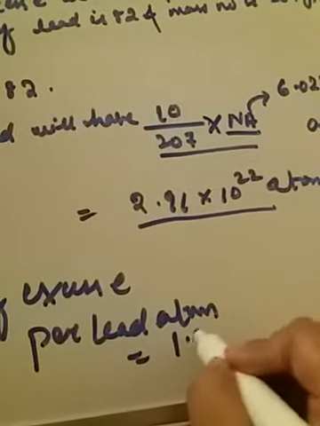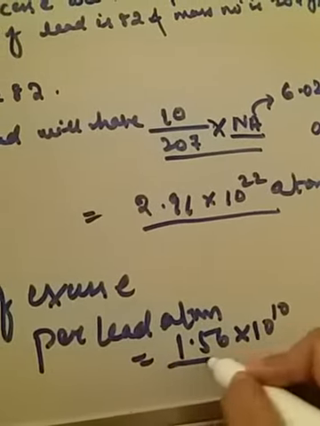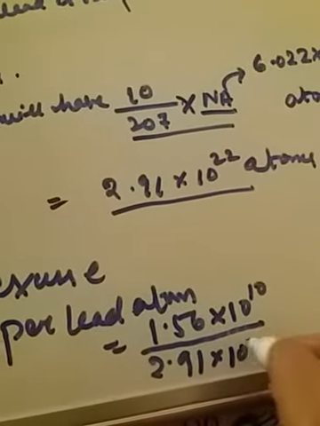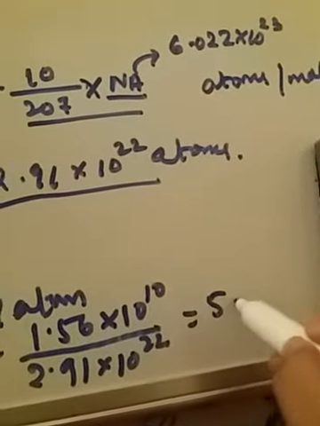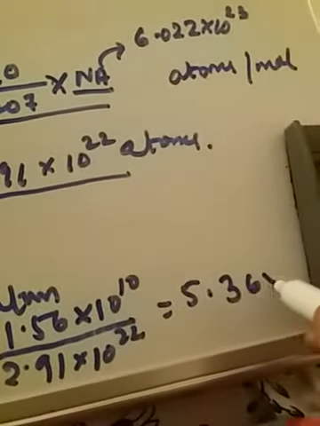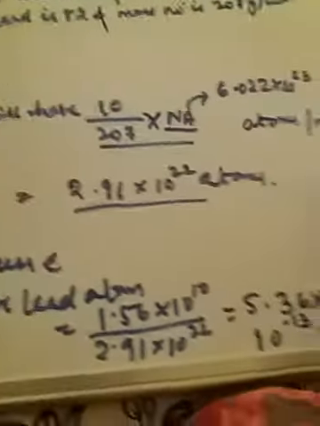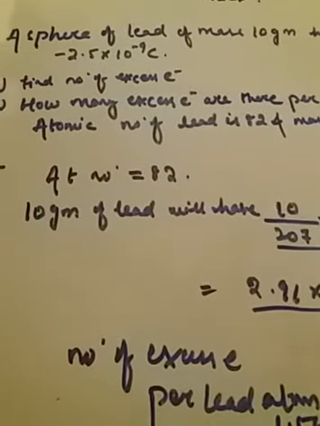It will be around 1.56 into 10 to the power 10 divided by 2.91 into 10 to the power 22, and this answer will be around 5.36 into 10 to the power minus 13. So I hope you would have got this.